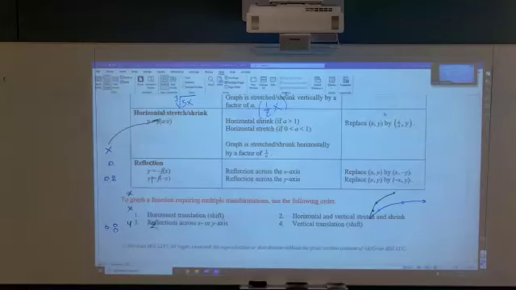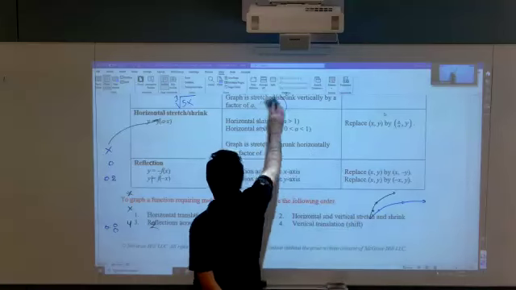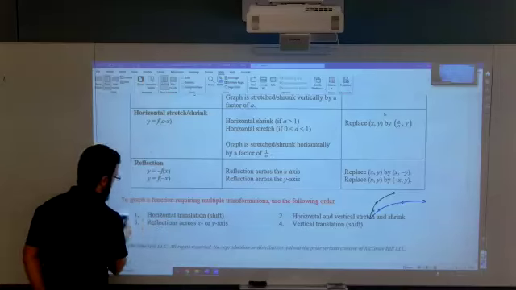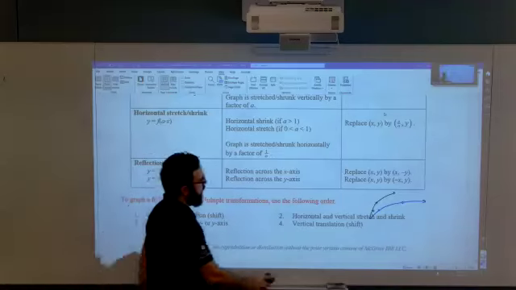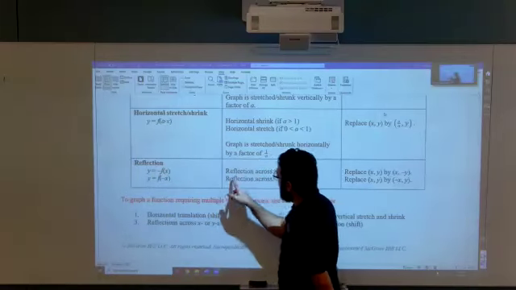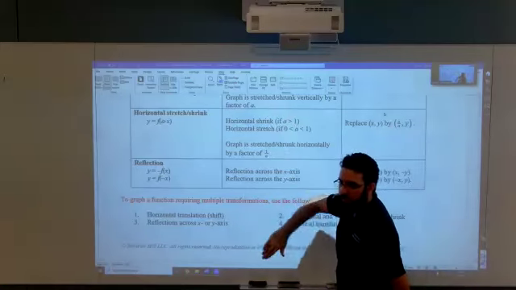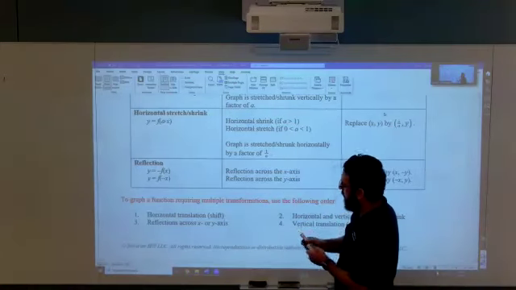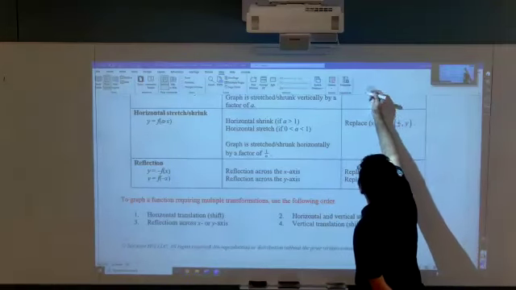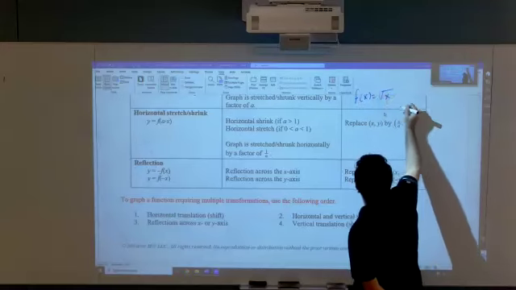Reflection, we have two types of reflections. If there is a negative sign outside, you reflect over the x-axis. That means reflect like this. So for example, for the square root of x, we already know we have f of x equals square root of x.